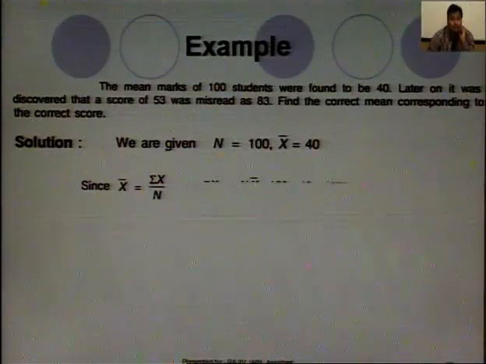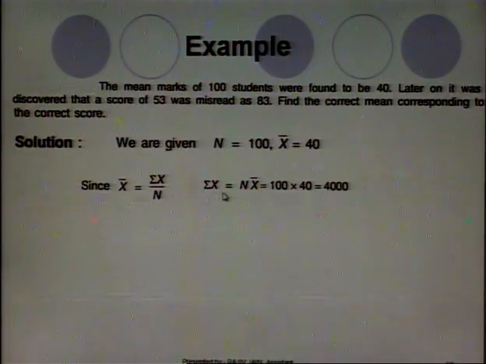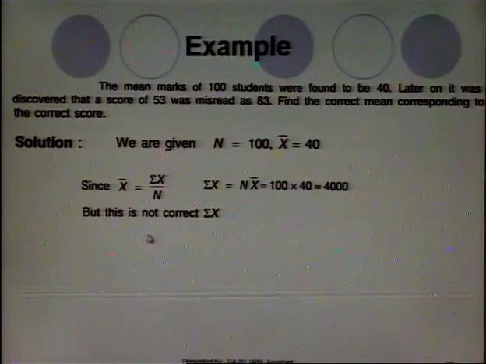The formula for mean is x bar equals summation x upon n. So we will simplify the formula. Multiplying by n on the left hand side, summation x is equal to n x bar. We have n equal to 100, x bar equal to 40, so we get 4000. But this is not correct, because later on it was discovered the score was 53.